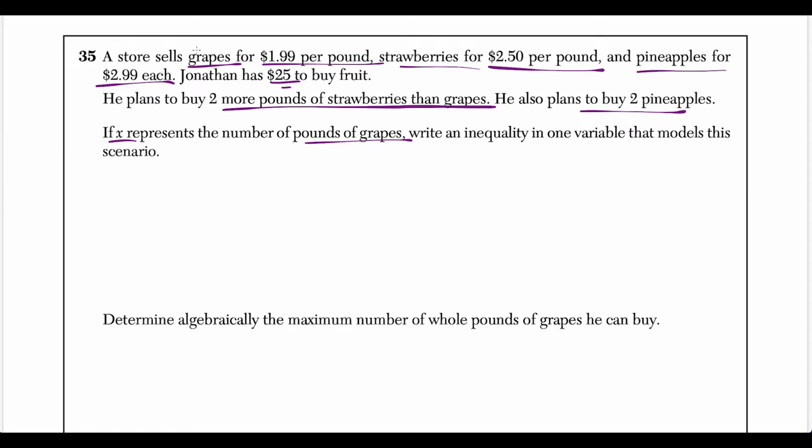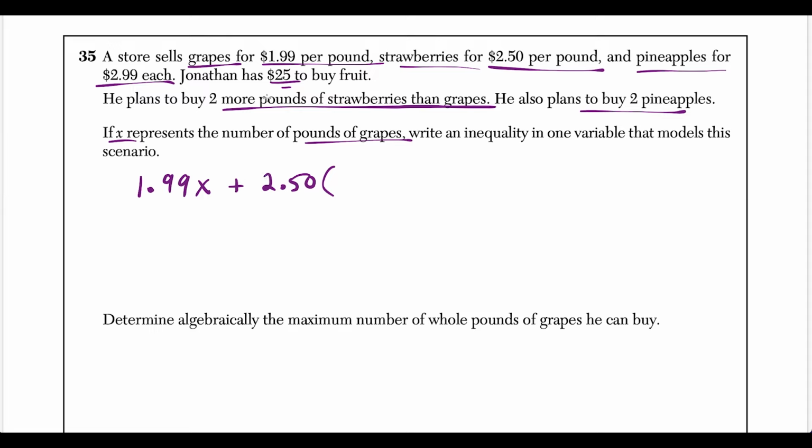Okay, well, what we need to know here is that the amount of money that he spends on grapes is $1.99 per pound. So since he's buying x pounds, if we multiply $1.99 by x, that's going to tell us how much Jonathan spends on grapes. Plus, he's also buying strawberries, $2.50 per pound. But now we have to think, how many pounds of strawberries is Jonathan buying?